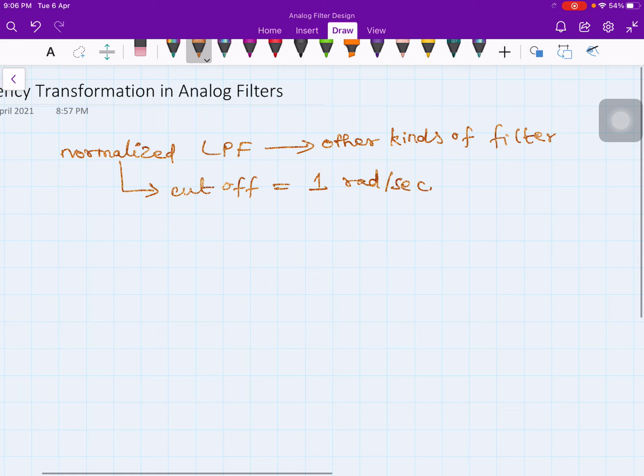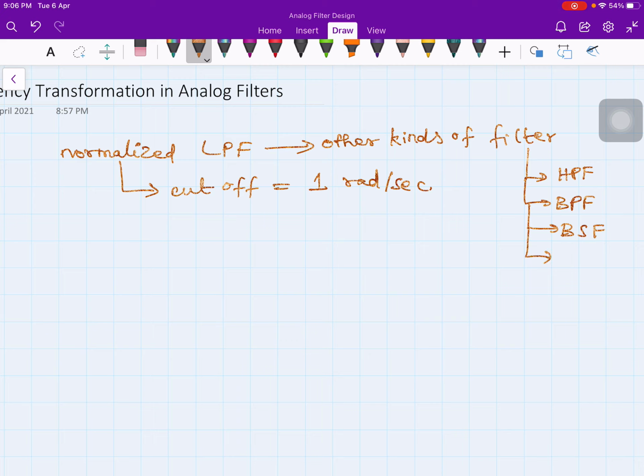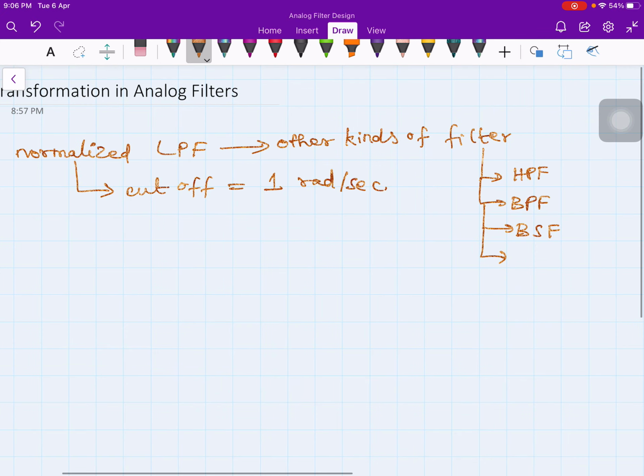When I say other kinds of filters, what I mean is high pass filter, then band pass filter, and then band stop filter. In fact, I can convert a normalized low pass filter into a low pass filter, okay, where the cutoff frequency is not 1 radian per second, something else, omega p.